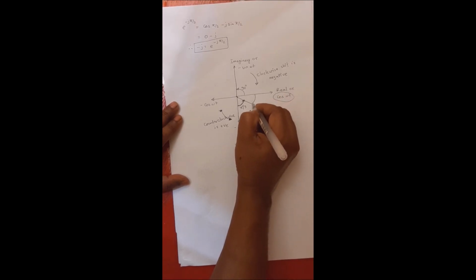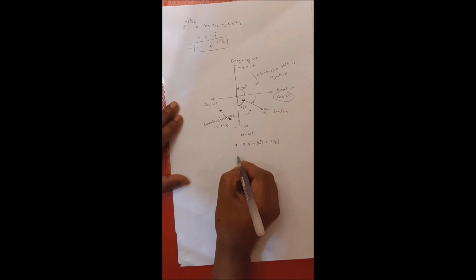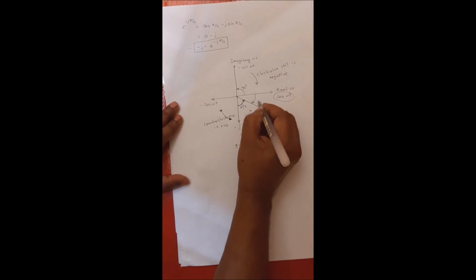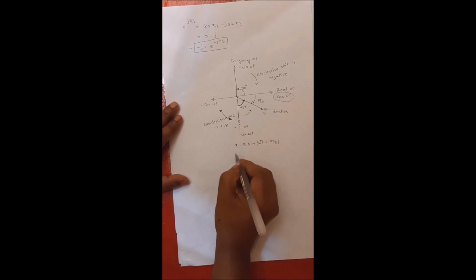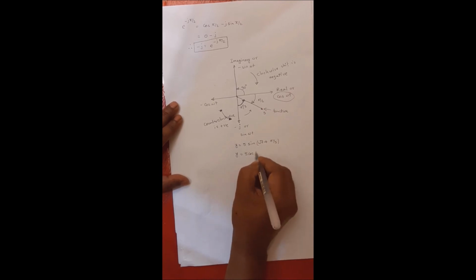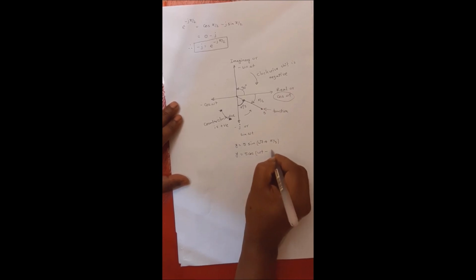The sign of the phase angle is minus because the function is shifted in the clockwise direction from the cosine axis.